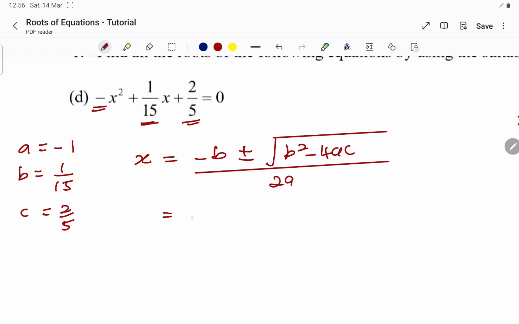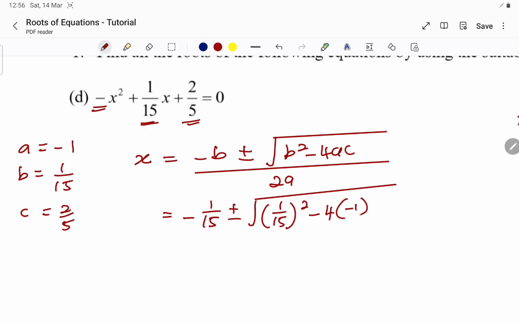Now we substitute: -b, where b is 1 over 15, plus minus the square root of b squared, which is 1 over 15 squared, minus 4 multiplied by a, which is -1, multiplied by c, which is 2 over 5, divided by 2 multiplied by a, which is -1.